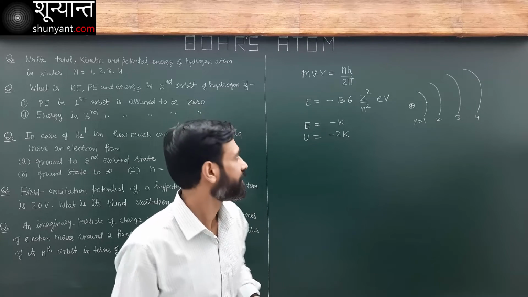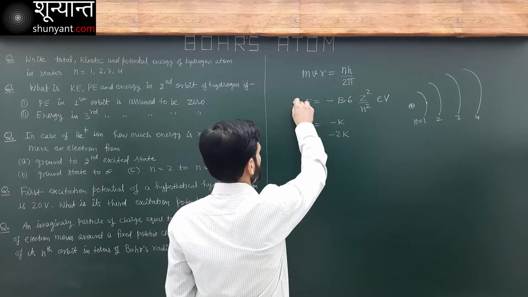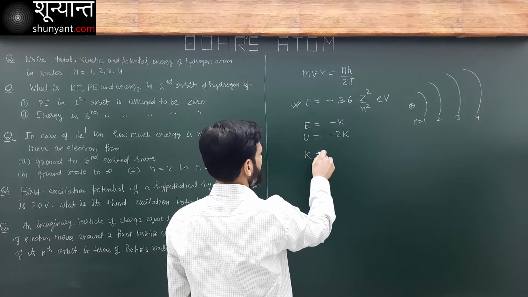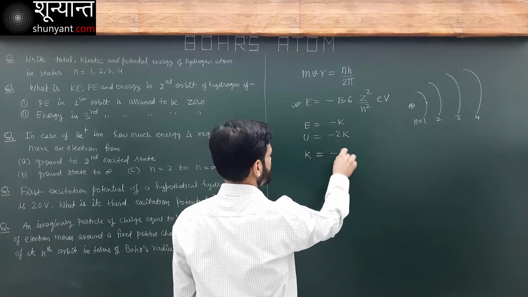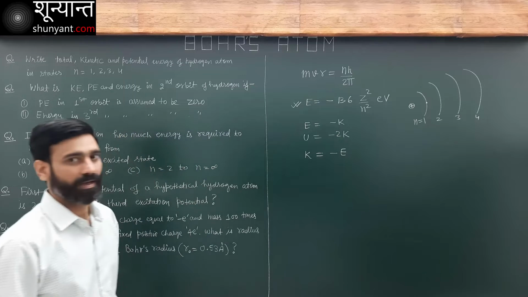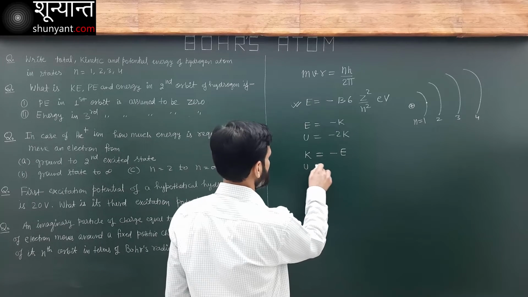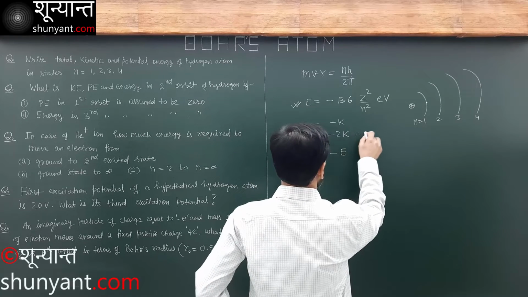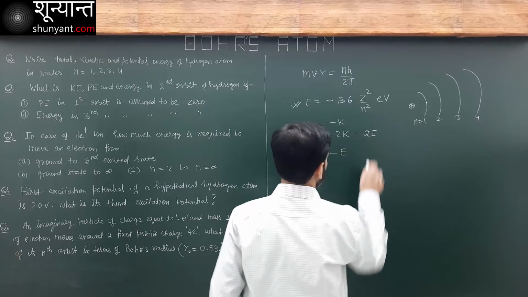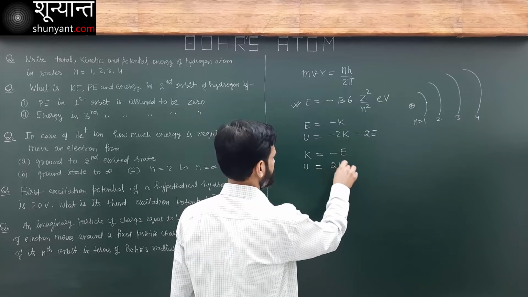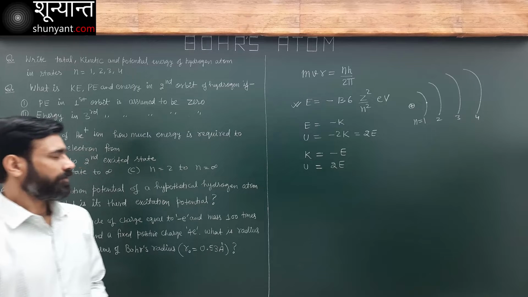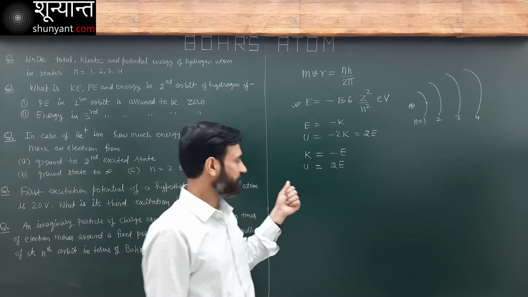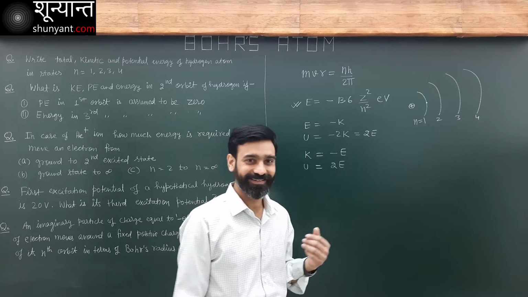Now, generally we remember this. So it's better if I write the kinetic energy in terms of this. I can write kinetic energy as minus E. And then potential energy, from here itself, I can write as 2 times E. Potential energy is double of the total.